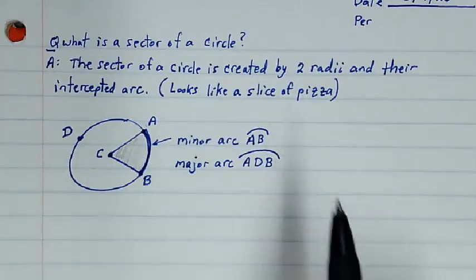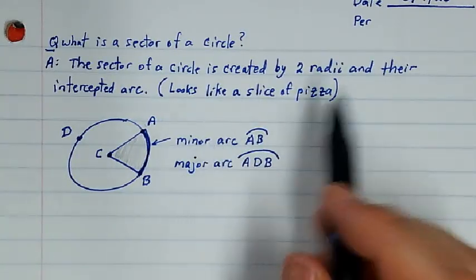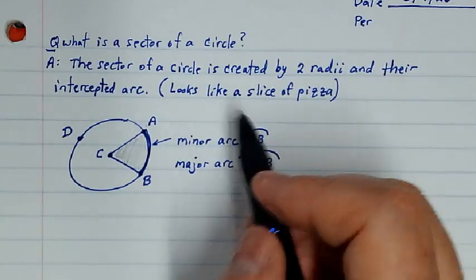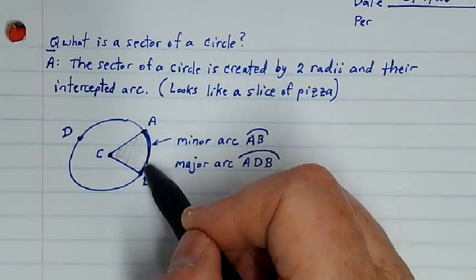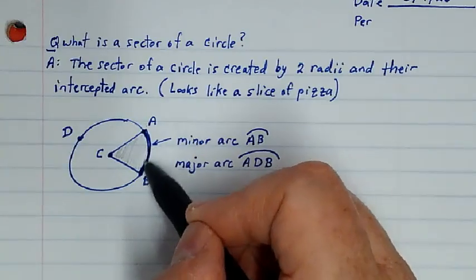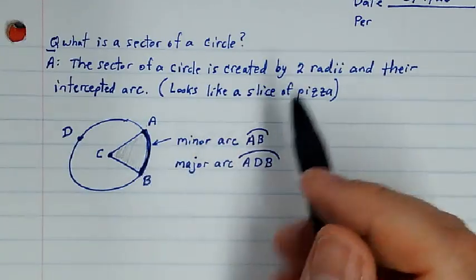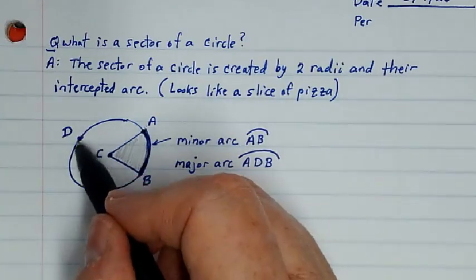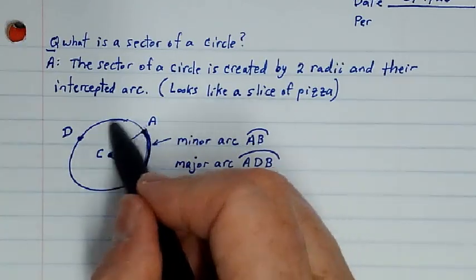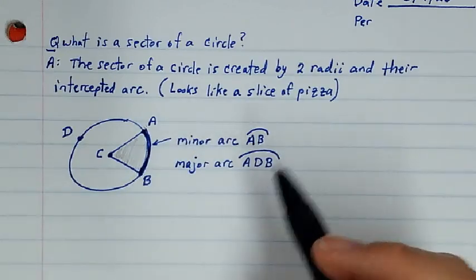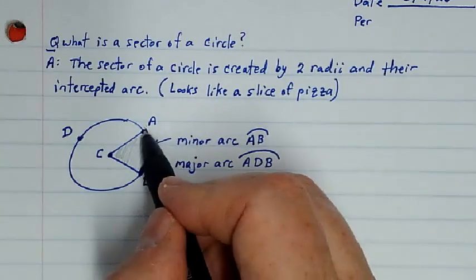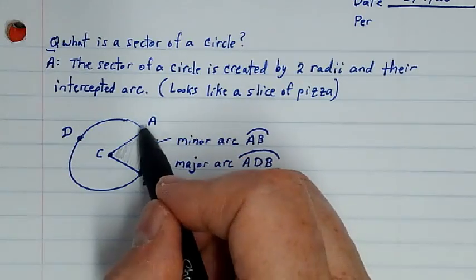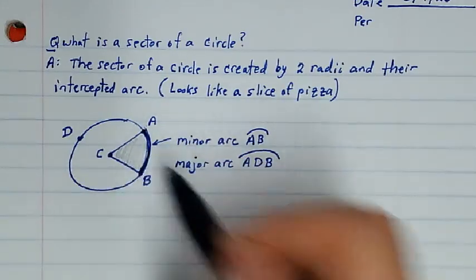The thing that these two arcs have in common is they both start at A and end at B. The minor arc starts at A and ends at B, but it's the small arc. The major arc starts at A and ends at B, but it goes through point D, which indicates that it is the major arc.